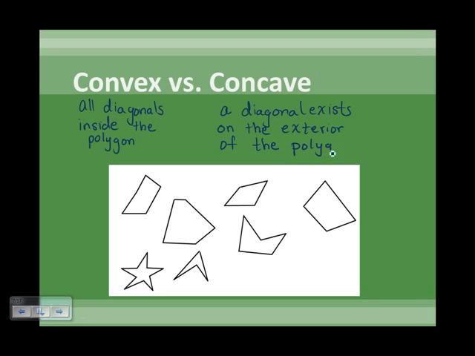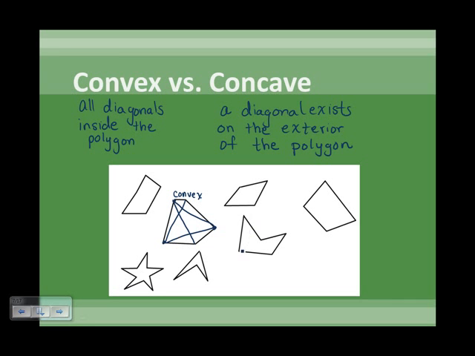For me, I usually remember concave means it caves in. So if I were to take one of these polygons, I'm going to choose this guy here, and I were to draw all of the diagonals. That diagonal's on the interior, that diagonal's on the interior, that diagonal's on the interior, and that is on the interior. So this guy right here would be convex.